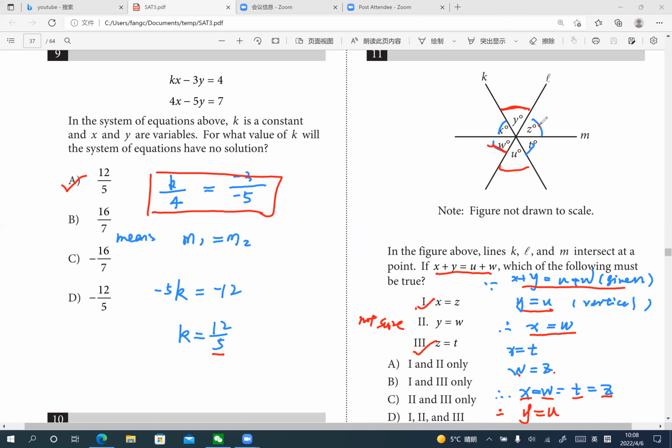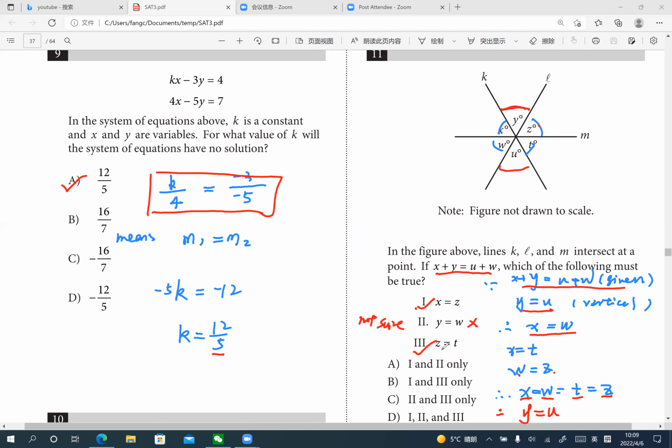We just proved that the 4 blue angles are equal and the 2 red angles are equal. But whether y and w are equal or not, we are not sure. So the second is not sure.